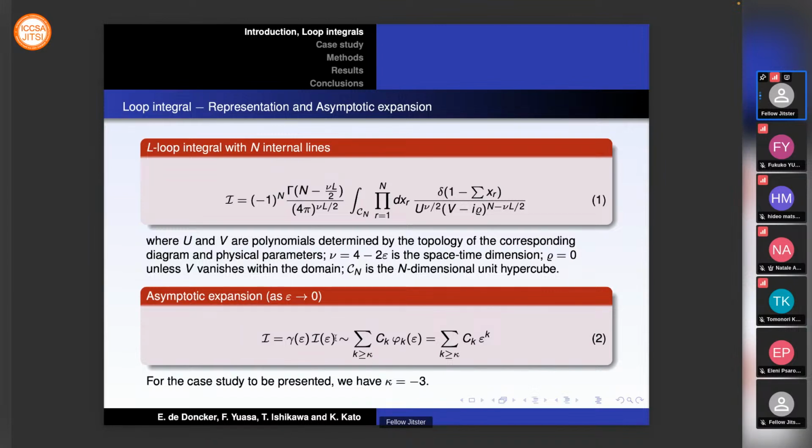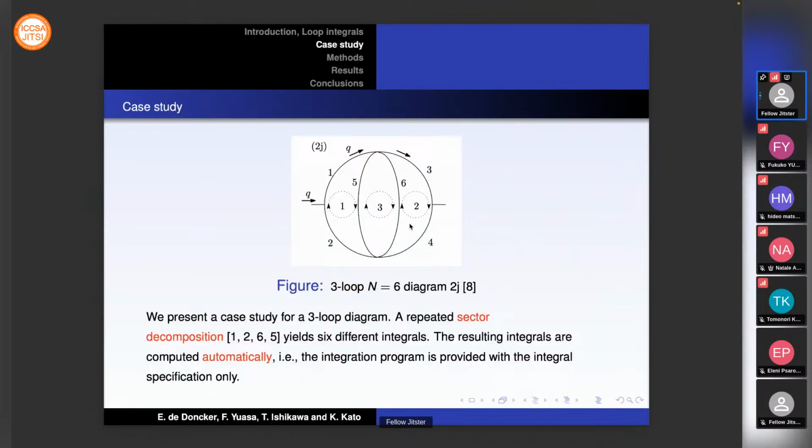Then that gives rise to the integral satisfying an asymptotic expansion in powers of epsilon, and we are interested in determining the leading term coefficients ck. In our case, we have k larger than or equal to kappa, which is -3, and which presents a challenging problem. So here is a target diagram, as you see, with 3 loops and 6 internal lines.